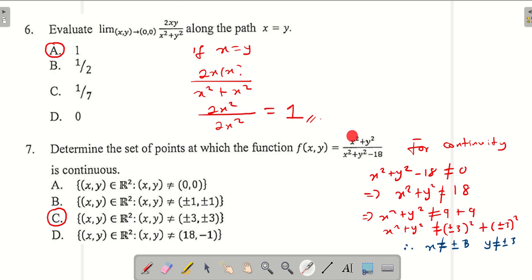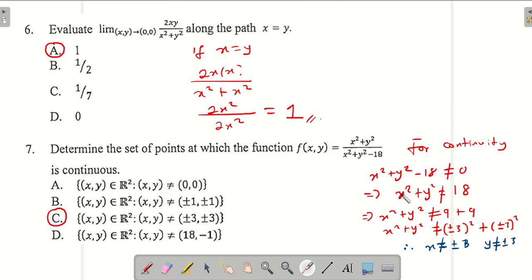Now for the function to be continuous, it means that it must be continuous on its entire domain. Therefore we must find the domain of this function. Now, for the function to be defined, the denominator of this function shouldn't be 0. So x squared plus y squared minus 18 must not be equal to 0.